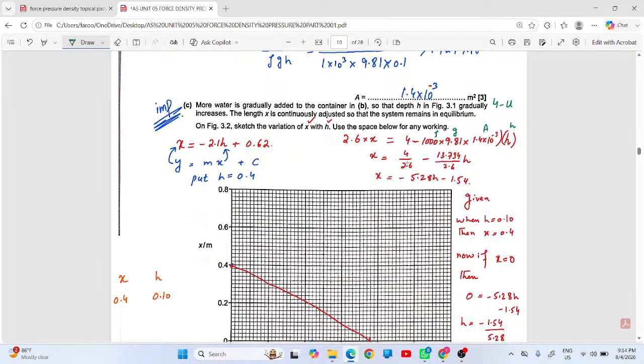So 4 divided by 2.6 करें, 4 divided by 2.6, 1.538, जिसको मैंने लिख दिया था 1.4. ठीक है, एंड इसको मल्टीप्लाई करें 1000 इंटू 9.81 इंटू 1.4 10 पावर माइनस 3, मल्टीप्लाई करें.